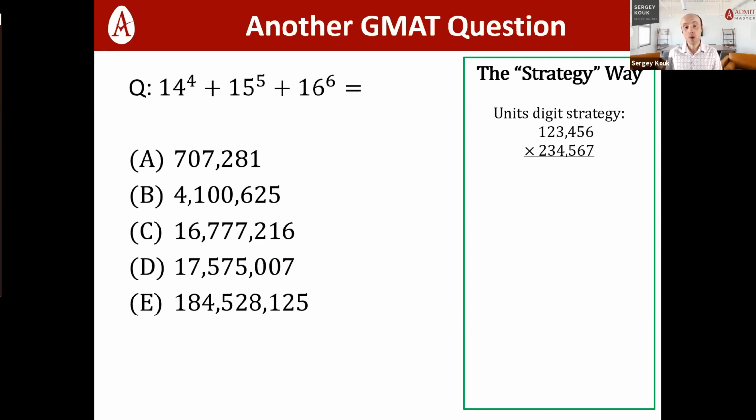If I were to start multiplying them, I'm going to begin with the last digit. And that last digit is called the units digit because it counts the number of units or the number of ones. So the first number has a units digit of 6, and the second number has a units digit of 7. Now, when I begin my long multiplication, I would start by multiplying 6 by 7. And by the way, that's 42.